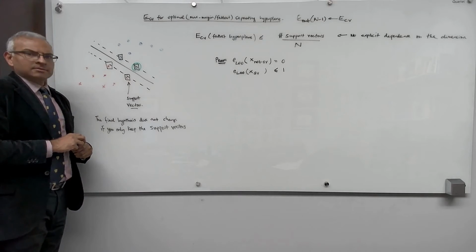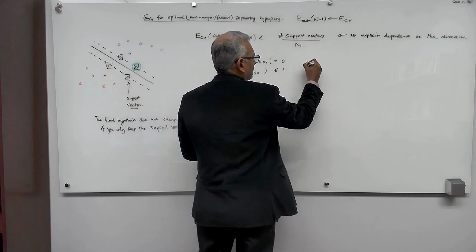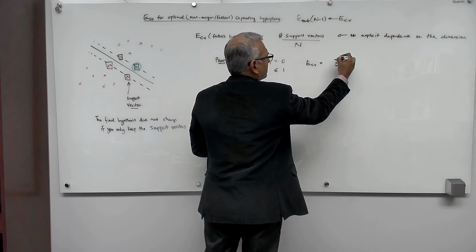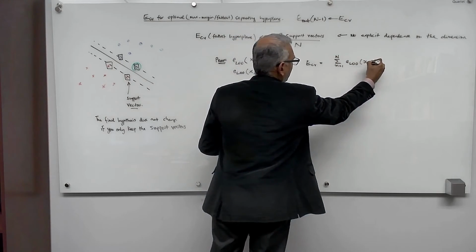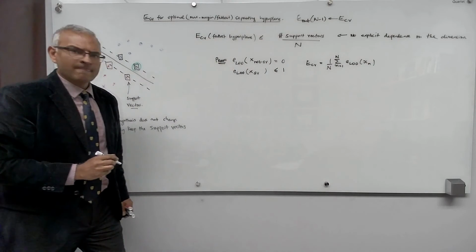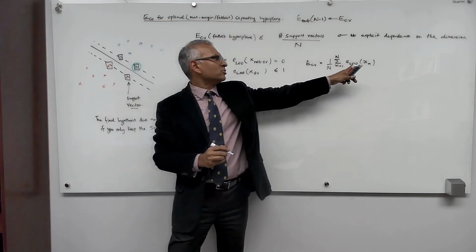Okay. And so let's see what the cross-validation error is. The cross-validation error, E_CV, is equal to the sum over your data points, little n equals 1 to big N, of the leave one out error for when data point x_n is left out, and we take the average. Now, the non-support vectors contribute nothing to this.